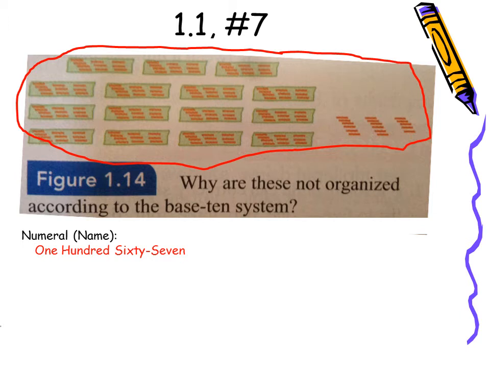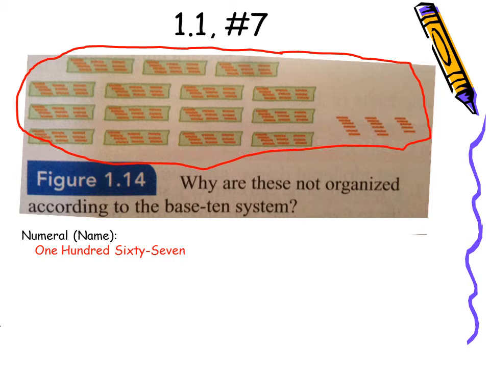And as we've seen in the previous session on operating in different bases, a number has the same numeral name. However, the symbolic numeral or symbol that represents the number can vary depending on how the number is grouped or the number system in which you're working.